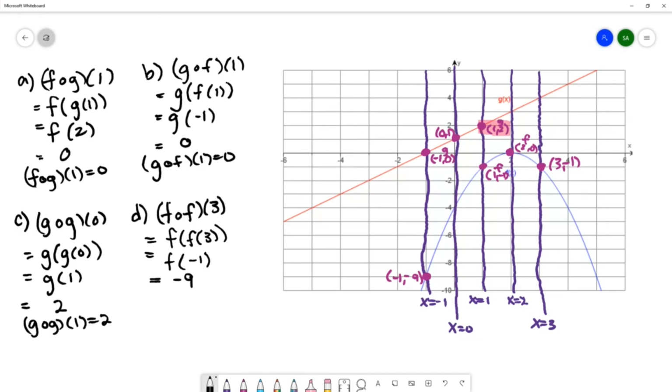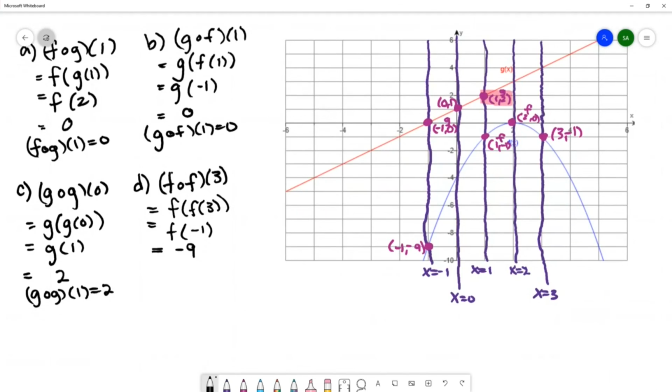I've got 2 more to go, so I'm going to make some space here. And on this one, we have f composed with g composed with f of 2. So we're just going to nest these all together. This is composition again. F on the outside, then g, then f.